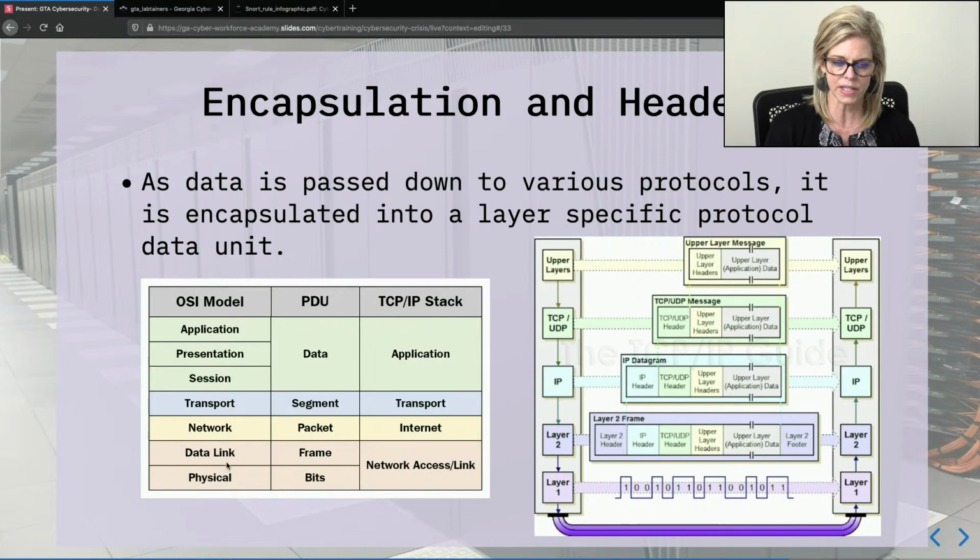You have your physical layer, which is where our bits actually go out on the wire, our 1s and 0s, the machine language as the information has been encapsulated. Let me back up and say that encapsulation is a downward process. We're always going to start at the application.